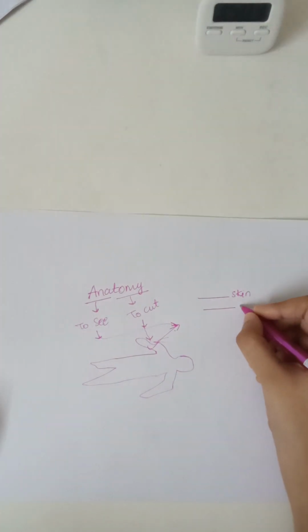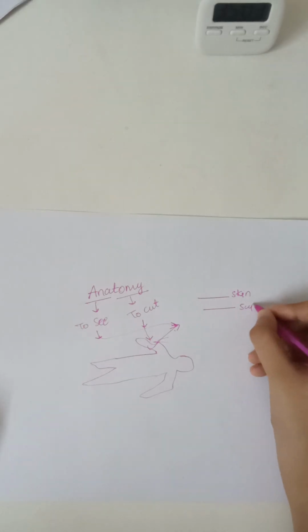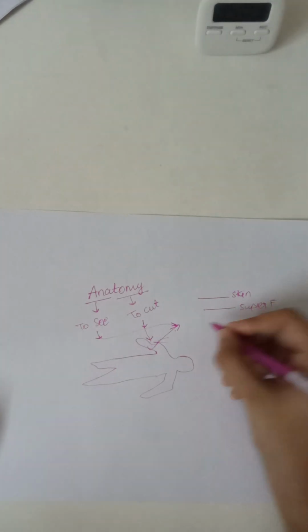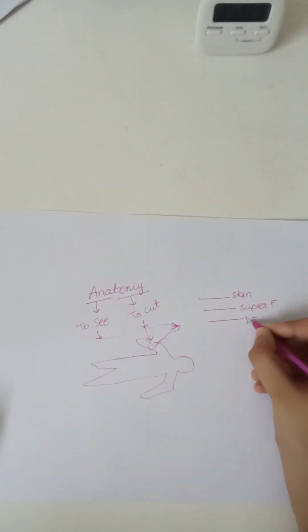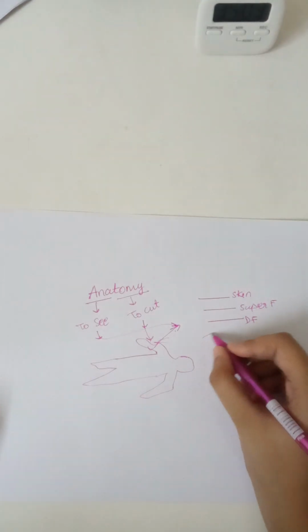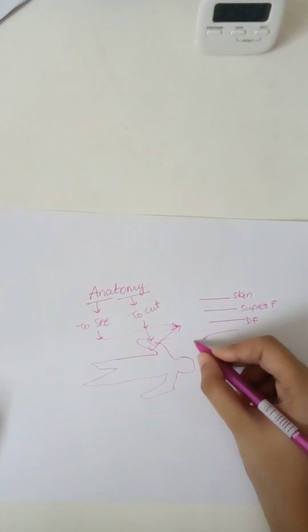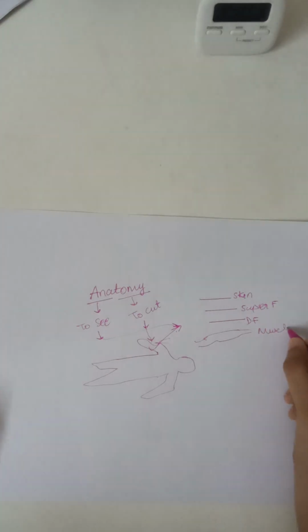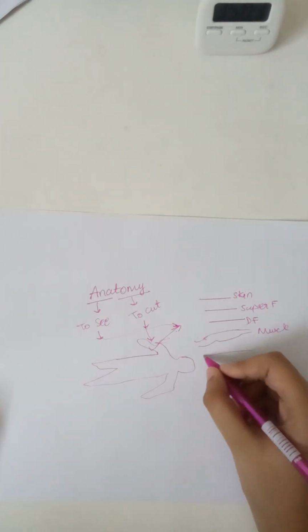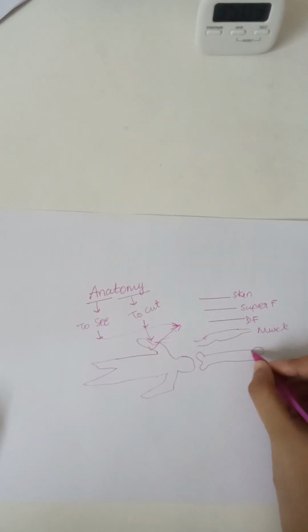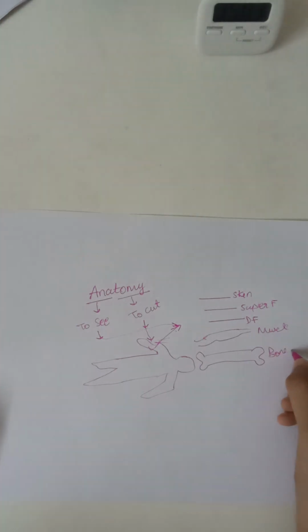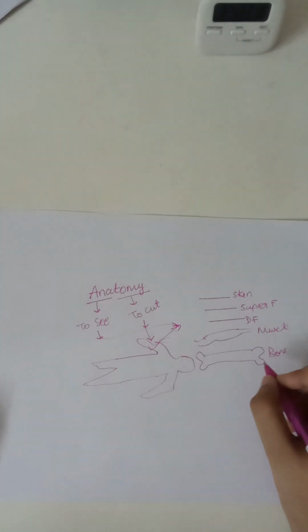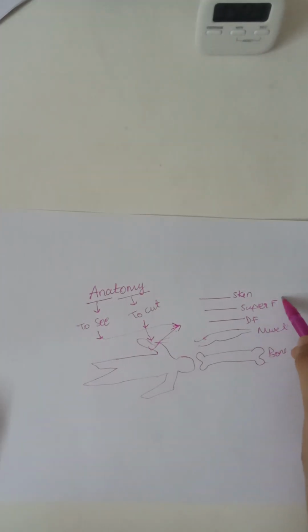The second layer is known as superficial fascia. Third is deep fascia. Fourth is muscles. Fifth is bone. In any part of the body, we are going to see these structures.